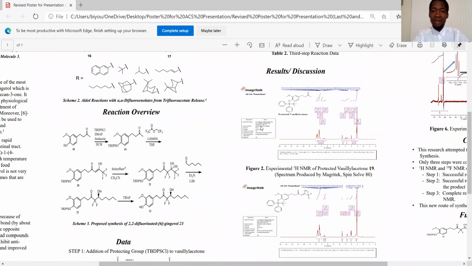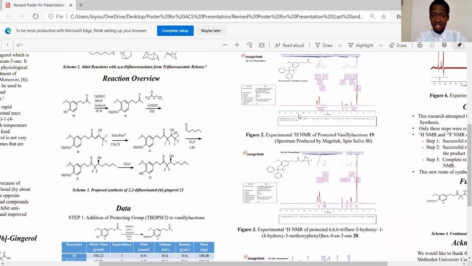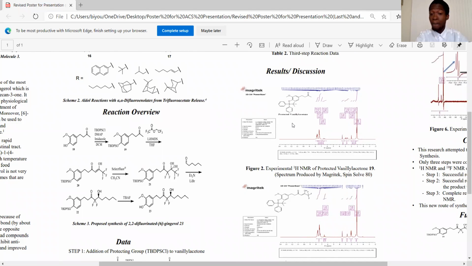And here now is the analysis, the results and discussion portion of this research. So here is the NMR spectrum of the first step product. Before I conducted this NMR, I used ChemDraw to predict the NMR for this product to see if it would match with this spectrum here. And indeed it worked, and they match very well.